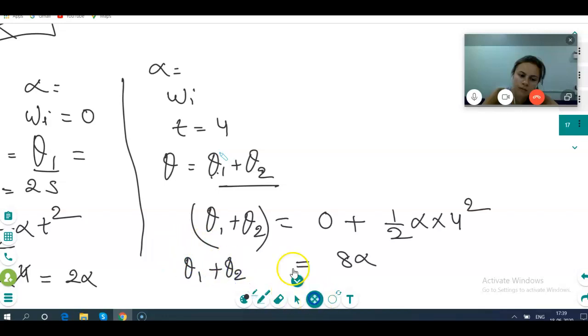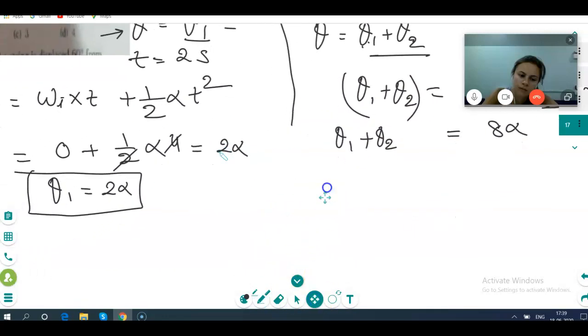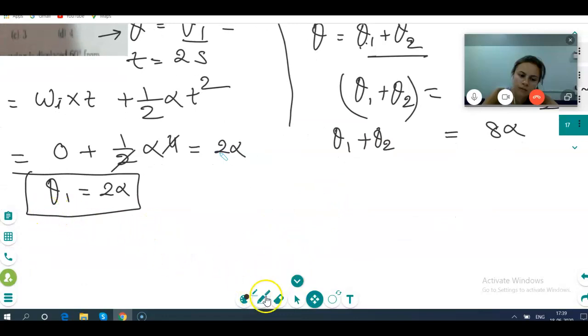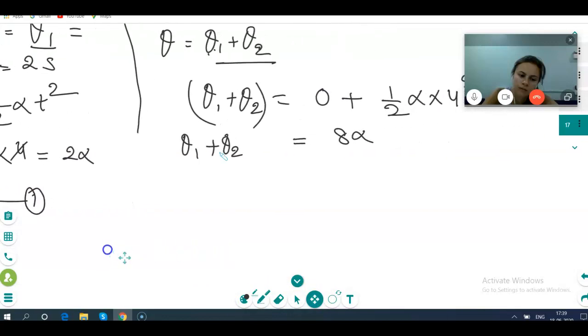So there are two equations we got: theta 1 is equal to 2 alpha, and theta 1 plus theta 2 is equal to 8 alpha.